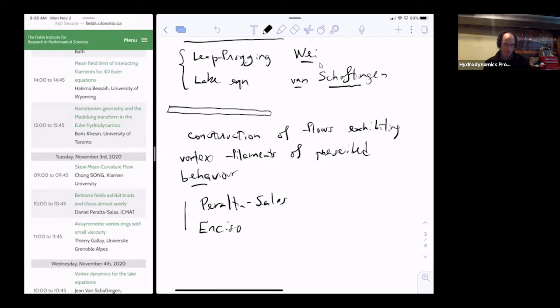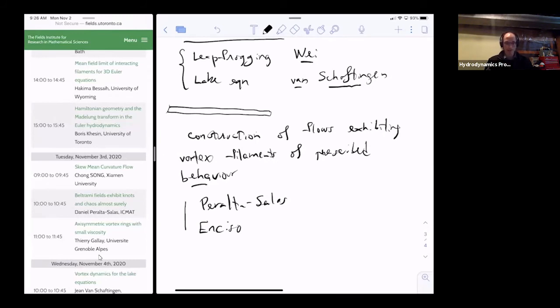And so, right, a big issue in this general area is the question of reconnection, which I've shown you pictures of, I believe. But reconnection is when two filaments collide and change topology upon collision. And Caesar will talk about constructions of solutions to the Gross-Pitaevskii equation, in which the vorticity exhibits prescribed reconnection events.